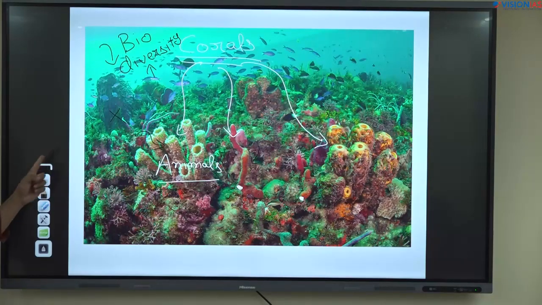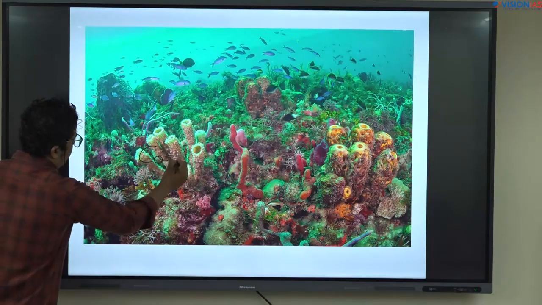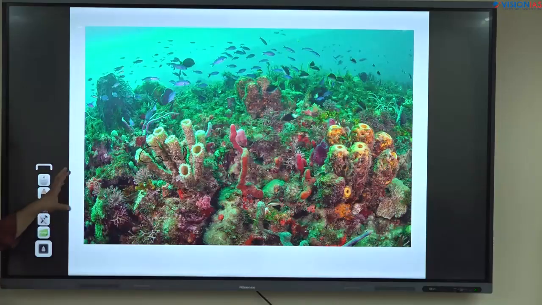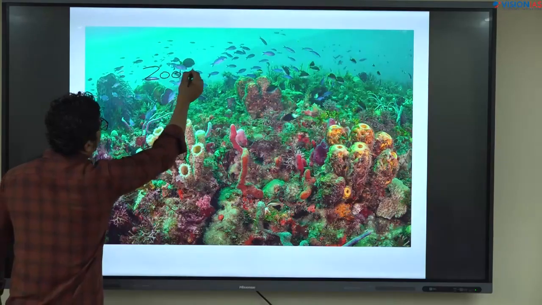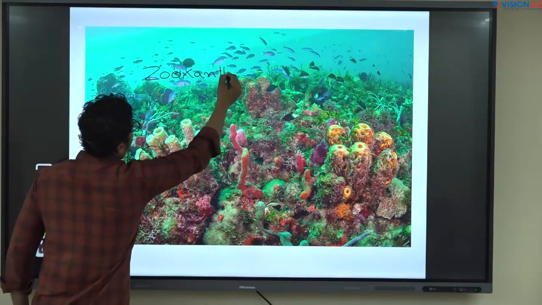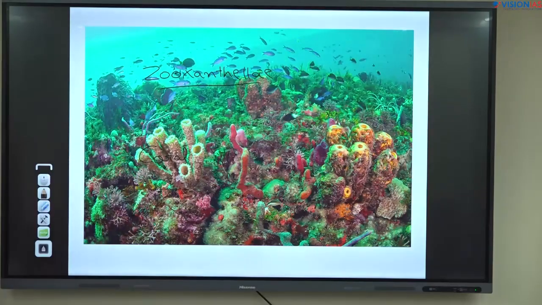There is one more species in this image which is not visible. So two species you have to consider. First is coral. There is one more species which is not visible because it is very small, and you can see that species only through a microscope. That species is zooxanthellae.